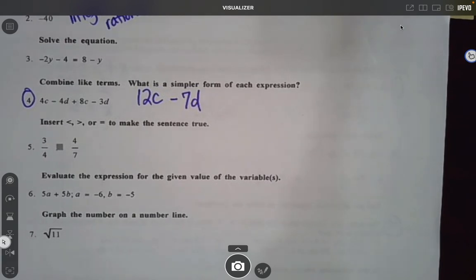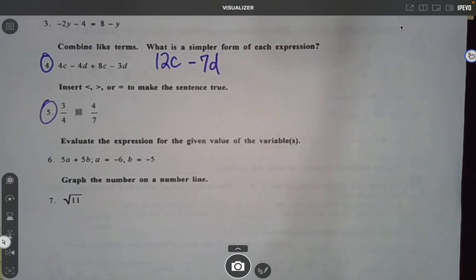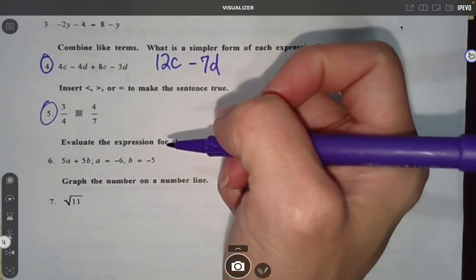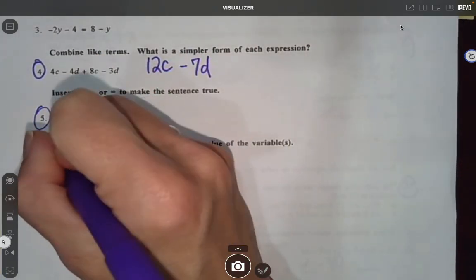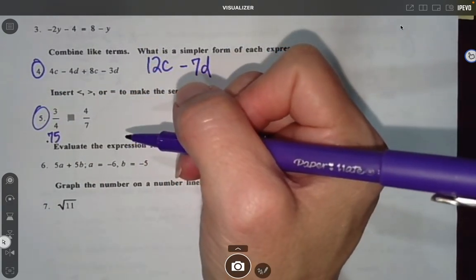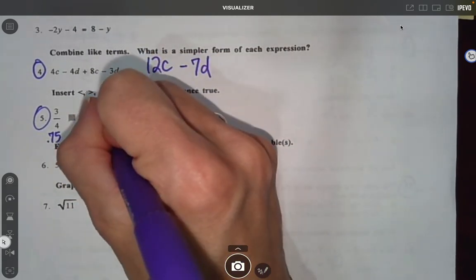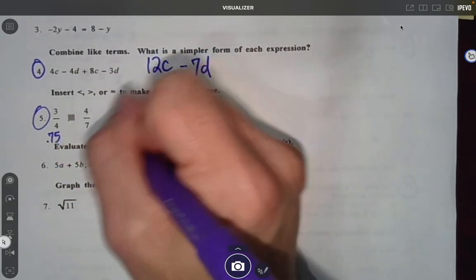Okay? Number 5 is on there. Okay, the best way to do this, I mean, I would probably cross multiply, but I would just see what the decimal is. Okay? But so what's 3/4? What's that decimal? 0.75. And what about 4/7? 0.5 with a bunch of stuff? Like keeps going?